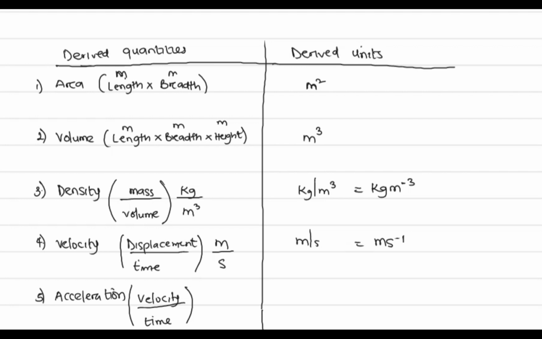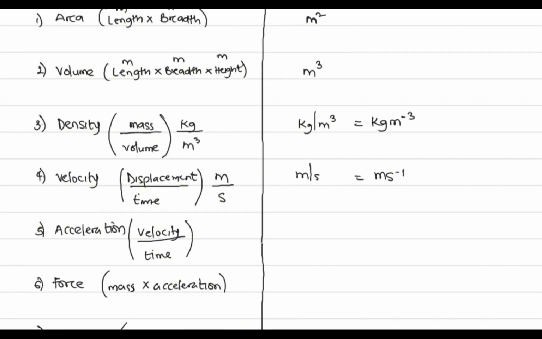Let's look at acceleration now. Acceleration is velocity over time. That's the formula. So you must know the formula before you can tell the unit. The unit of velocity is meter per second, as we've done before, and that of time is seconds.